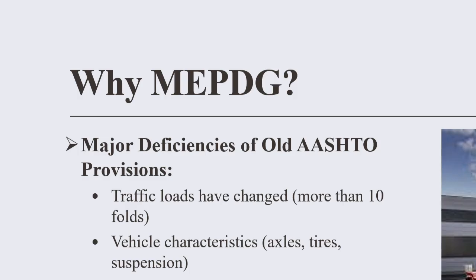Tires have changed, and Prof, you know, I don't know whether we talked about top-down cracking, and one of the things is the effect of tires. I mean, there has been research in that area. There are now different tire types, tire configurations, and they are affecting our pavement differently.